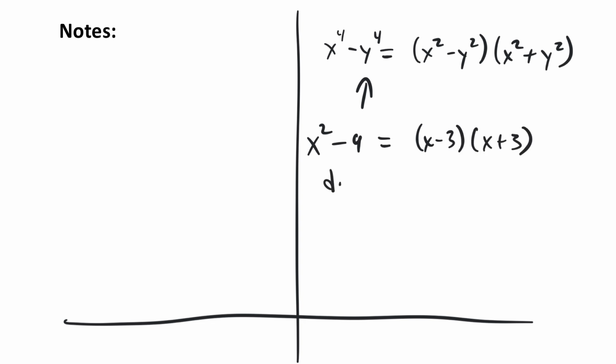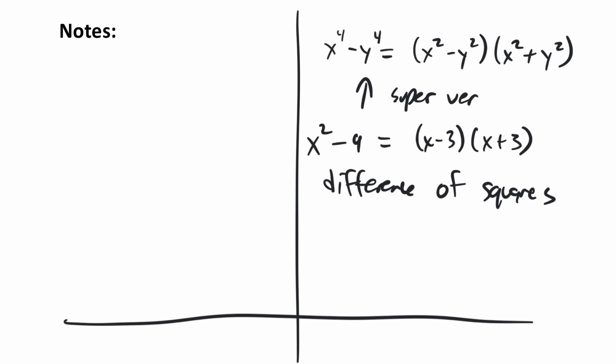So this is called a difference of squares, and over here this is like a super version. It's the same thing but just more complicated, a super version of difference of squares.